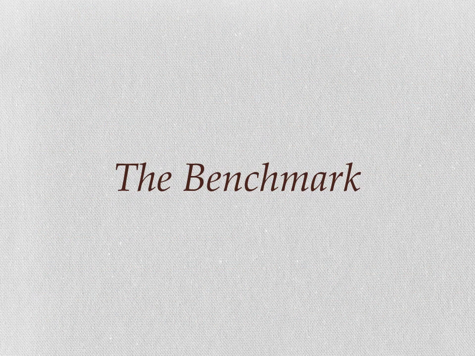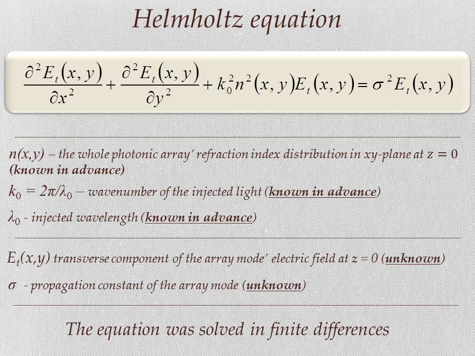The benchmark. As a benchmark, we used the well-known Helmholtz equation, namely a second derivative of the array mode field by x and y plus k0 squared times n squared times array mode field equals sigma squared times array mode field, where sigma is a propagation constant of the array mode and the field is a transverse component of the array mode field.